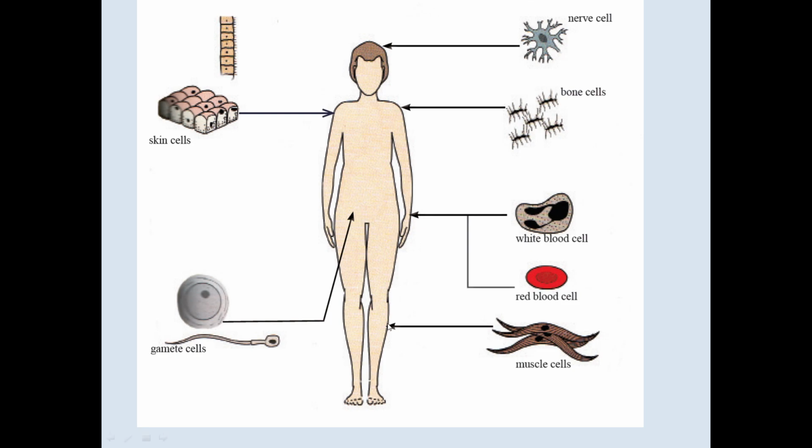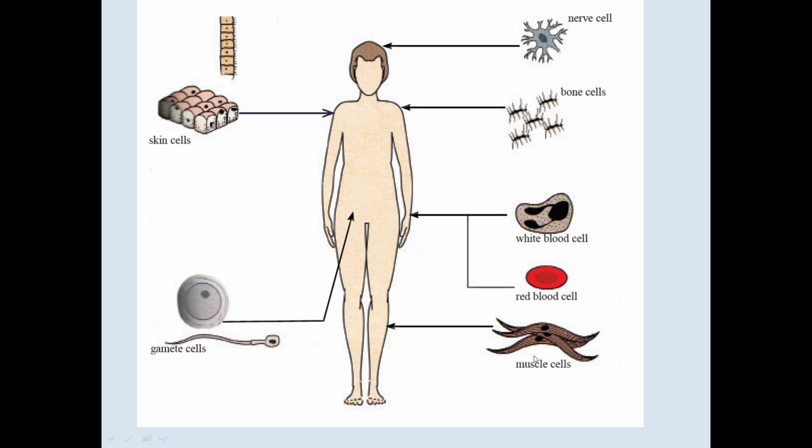Here you see human body consists of different kinds of cells: muscle cells, blood cells, bone cells, nerve cells. Then they are forming the tissues, nerve tissue, bone tissues, blood tissue, muscle tissue.